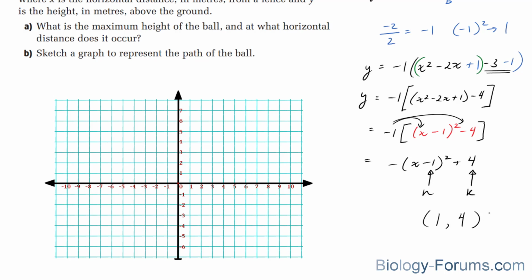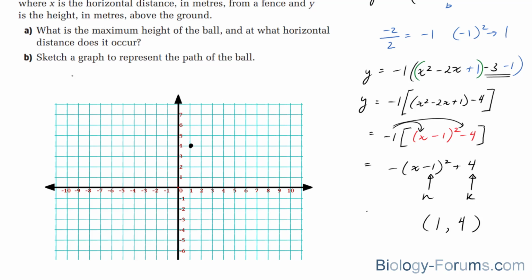So your vertex will be at 1 and 4. 1 and 4 is positioned right there. So to answer our first question, what is the maximum height of the ball and at what horizontal distance? The maximum height will occur at 1 and 4, specifically 4 meters high, and at a horizontal distance of 1, originating at 0 and 0.